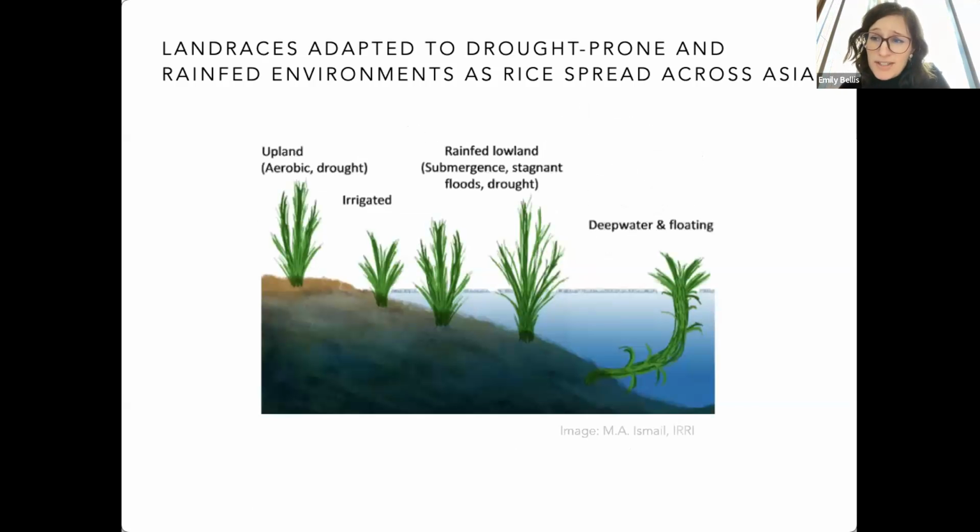But through all this dispersal to new environments and new growing conditions, rice landraces had the opportunity to adapt to many different kinds of growing conditions. So there are a lot of different irrigation systems that landraces can be found in: from irrigated environments to upland environments and rain-fed lowland environments that experience a lot of intermittent drought.